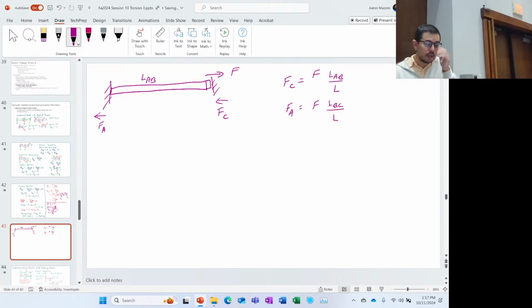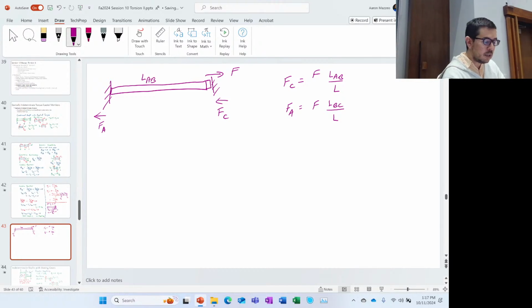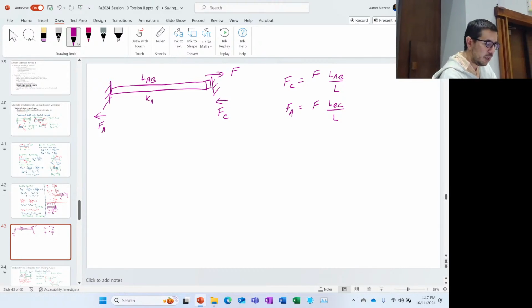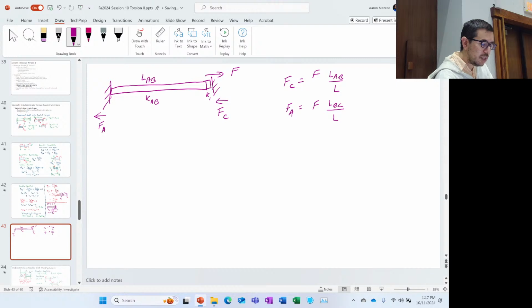And this equation, if I say that I have a KAB and I have a KBC, we already talked about this a little bit, but this is essentially saying that this is going to be the ratio of, is this right?